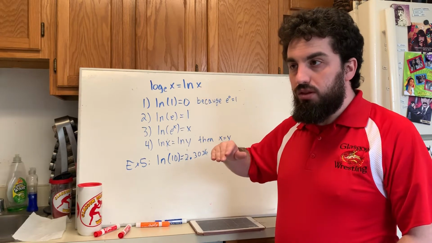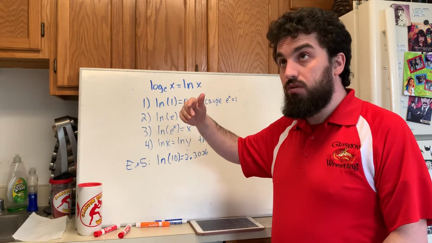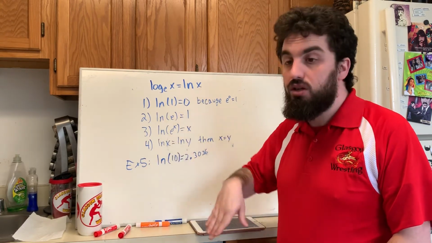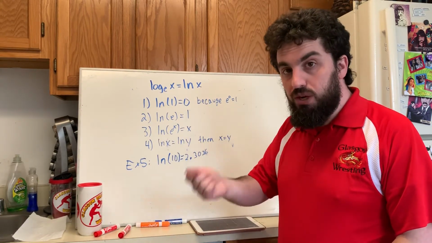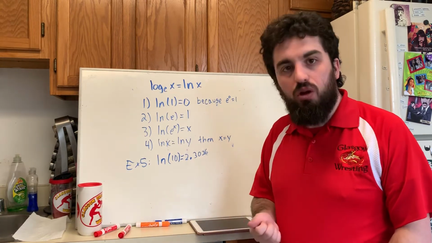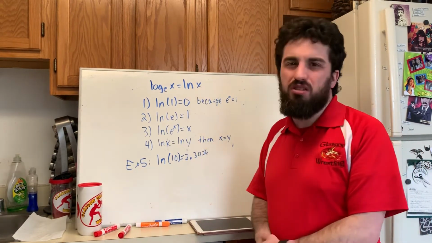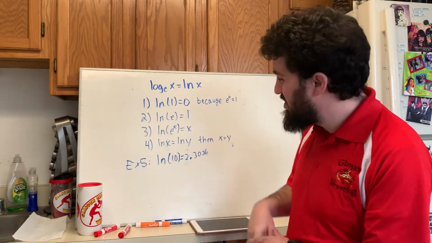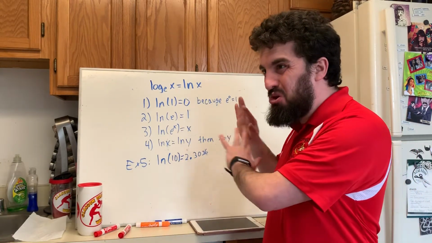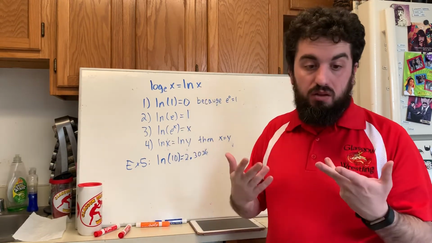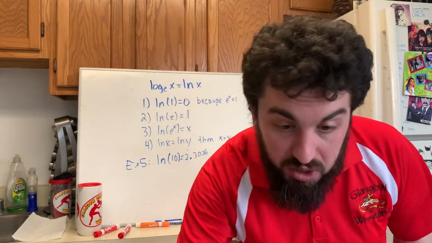So the log base 3 of 10 should be a little bit over 2. Natural log of 10, again, should be a little bit over 2. But again, just utilize your calculator with natural logs. I wouldn't go too crazy on trying to figure them out in your head.